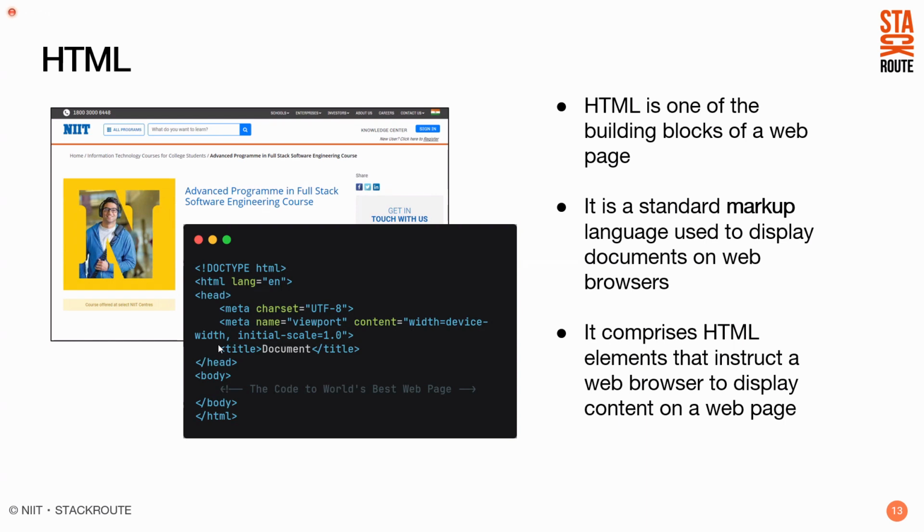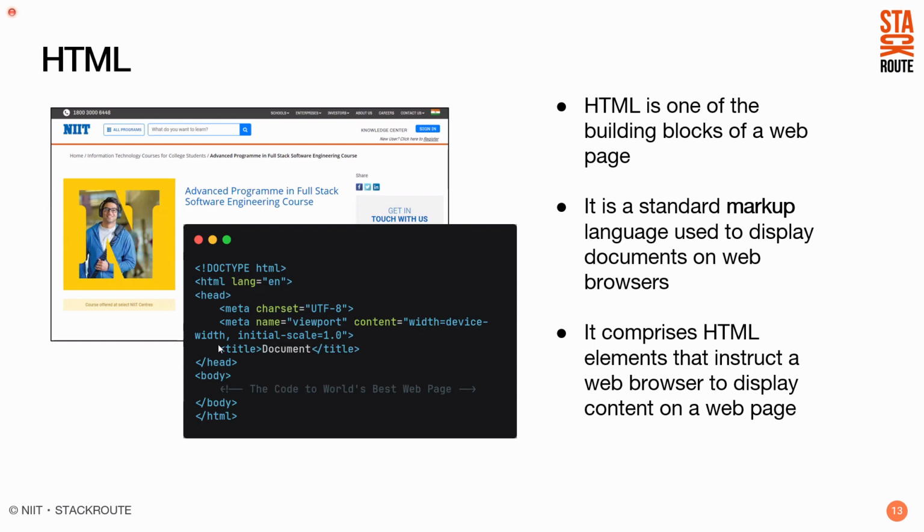It comprises HTML elements that instruct the web browser to display the content on the web page. This last point is very, very important. HTML consists of a lot of elements. Based on the element, my web page will display the content. If I have a button, my web browser will display a button.